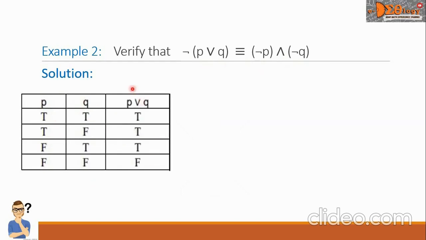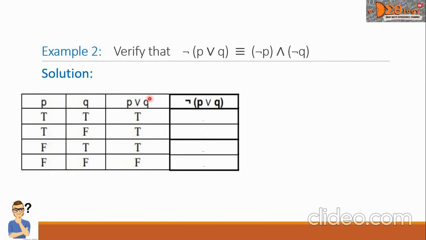Then, let us evaluate P or Q. And here are the corresponding truth values. T or T is T, T or F is T, F or T is T, F or F is F. Next, we will negate this column. So T here becomes F and F becomes T respectively.